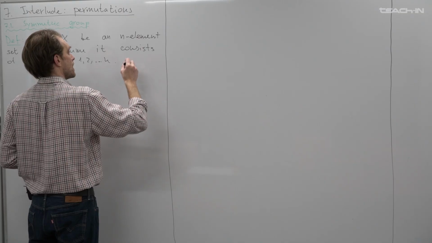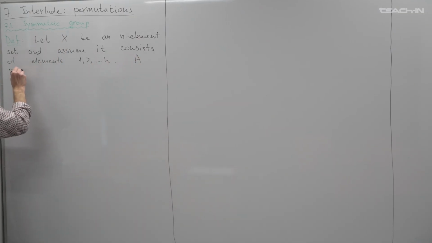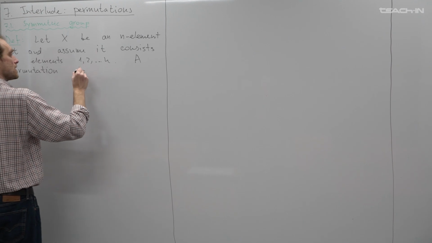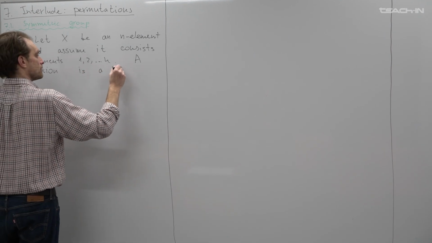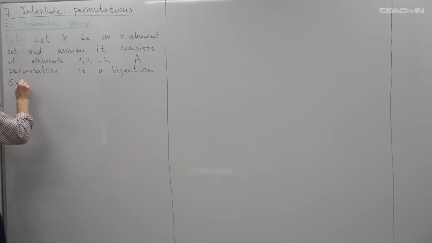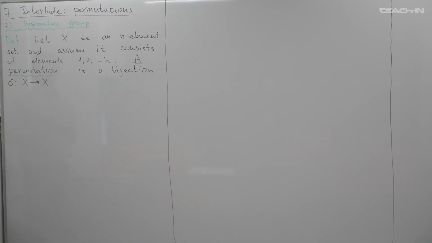Okay, a permutation is a bijection from this set onto itself. So every bijection of this n-element set onto itself is called a permutation.